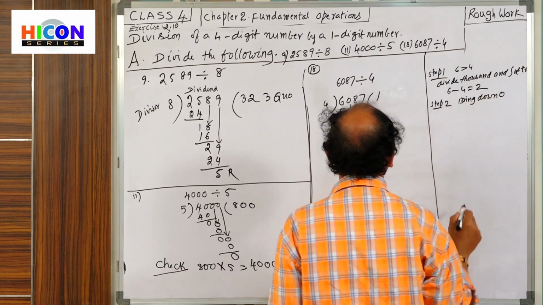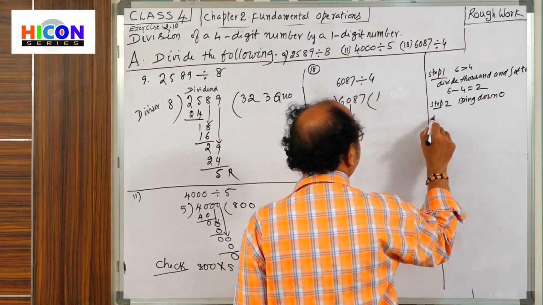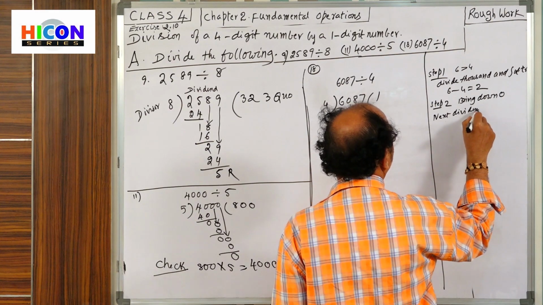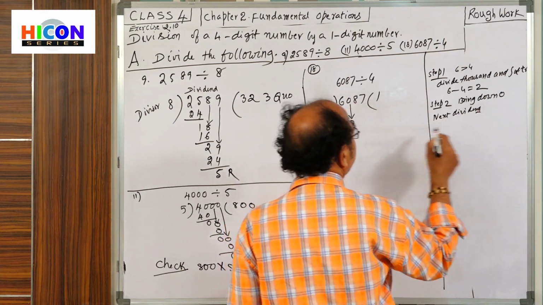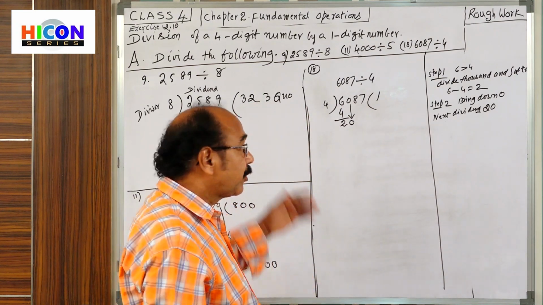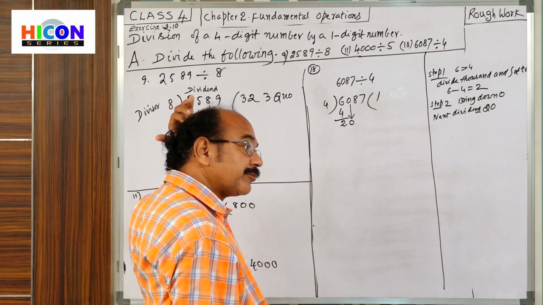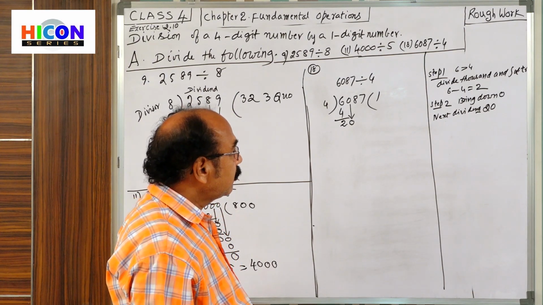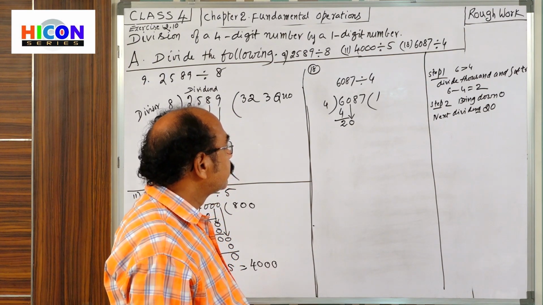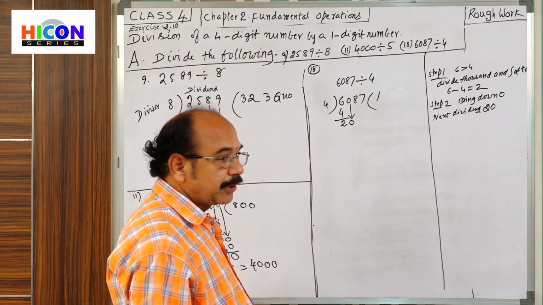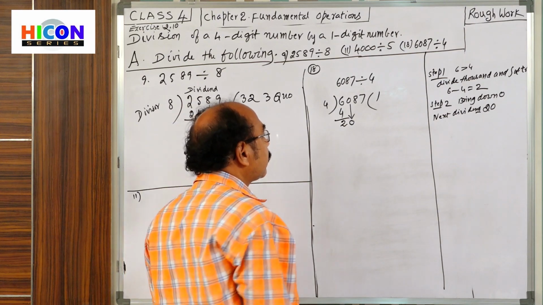So next dividend is, what is the next dividend? 20. Now divide hundreds and subtract.